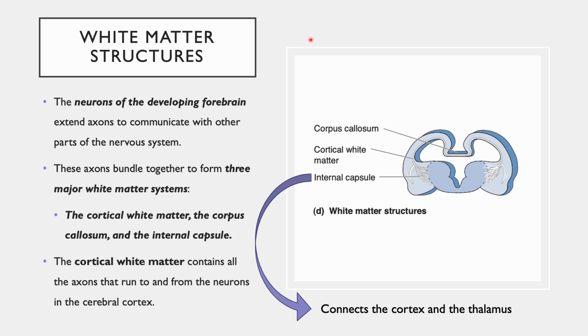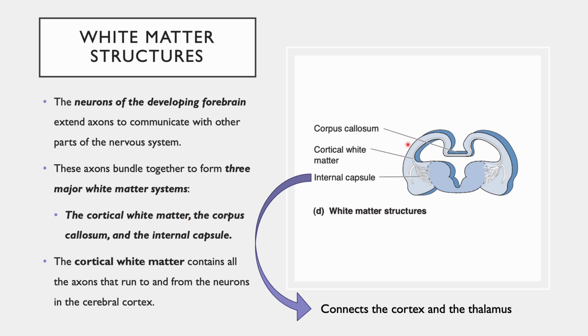Now let's talk about white matter structures. So I've already reviewed that gray matter consists of the cell bodies or the nuclei. The axons that project from those nuclei develop into bundles referred to as white matter structures. And these axon bundles together form three major white matter systems: the cortical white matter, the corpus callosum, and the internal capsule.